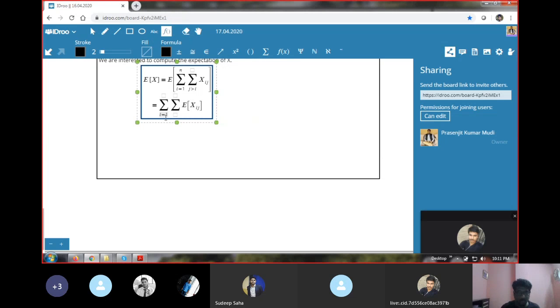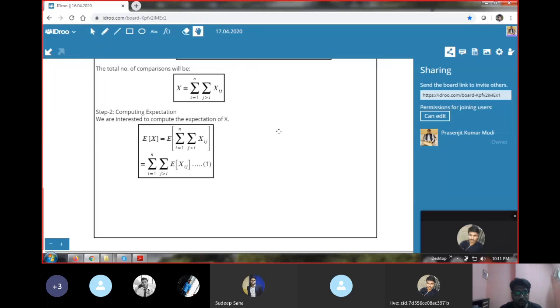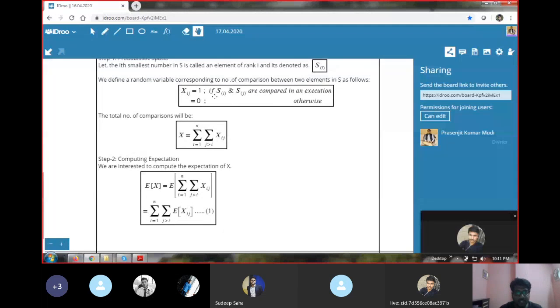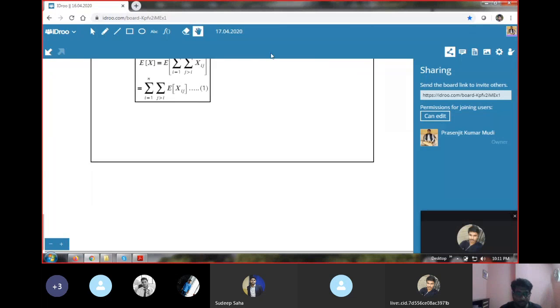So we will see that the expectation of Xij is nothing but the probability that Si and Sj are being compared. So now we have to compute what is the probability that Si and Sj will be compared in an execution.